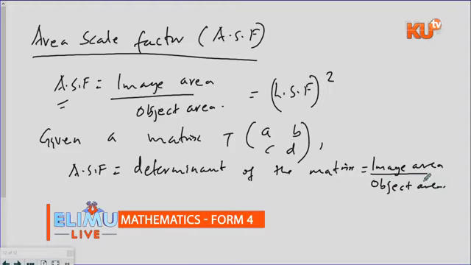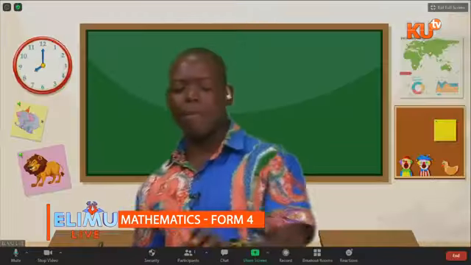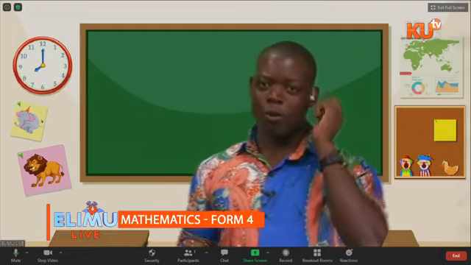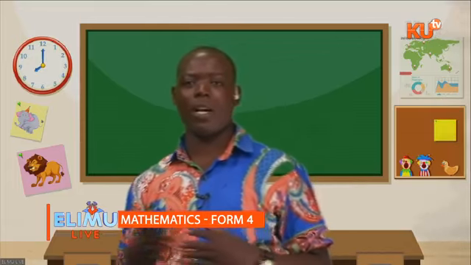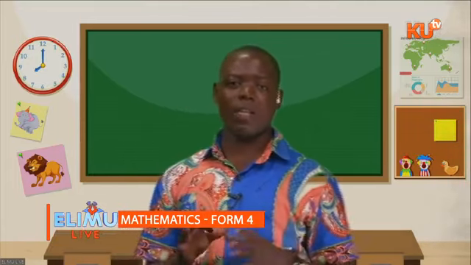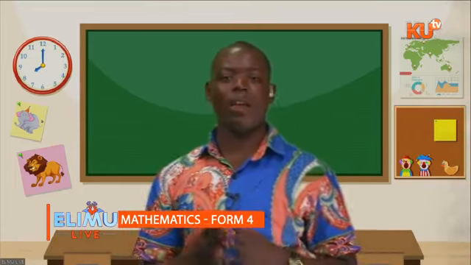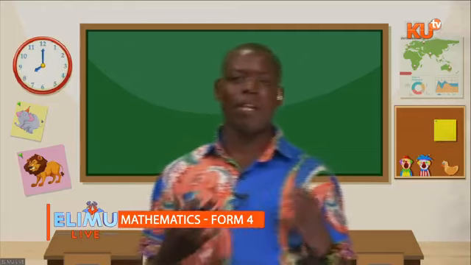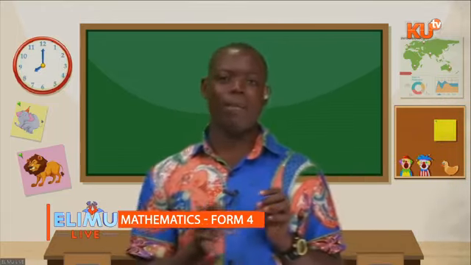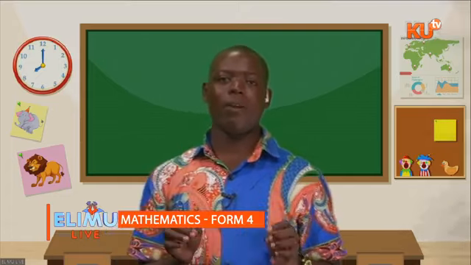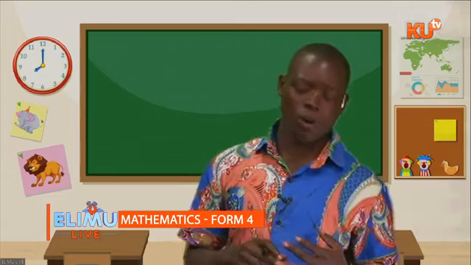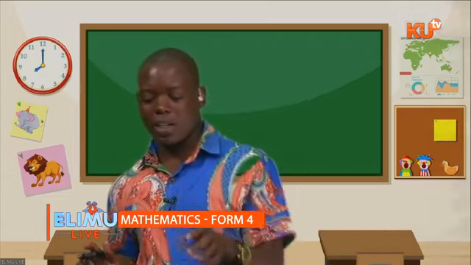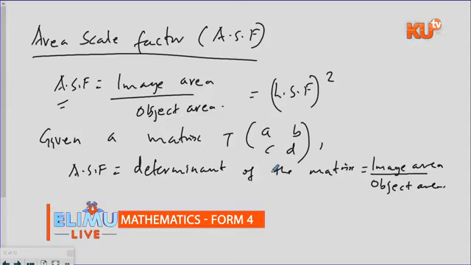So we look at this case very keenly, because in most exams in paper 2 section 1, you'll be given a question on the area of the image and the area of the object connected with a matrix of transformation. So to get the area scale factor, you simply take the determinant of the matrix. And that determinant, or the area scale factor, should be the image area over the object area. So let's see practically using an example for this part.